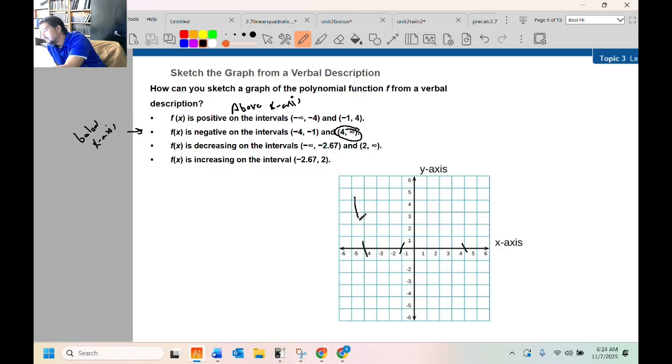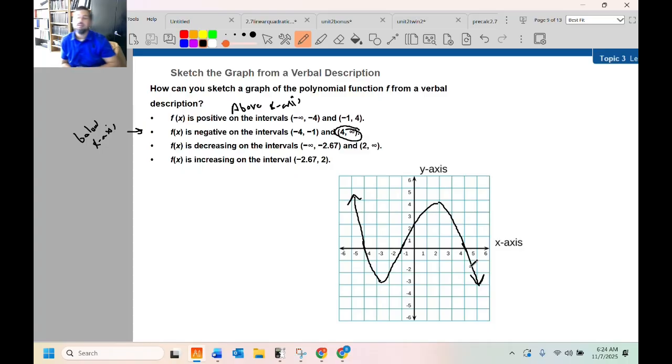So decreasing means downhill. So about right there. And from 2 to infinity. All right. Increasing from negative 2.67 to 2. So a turn has happened. That's a turning point. And that does it.